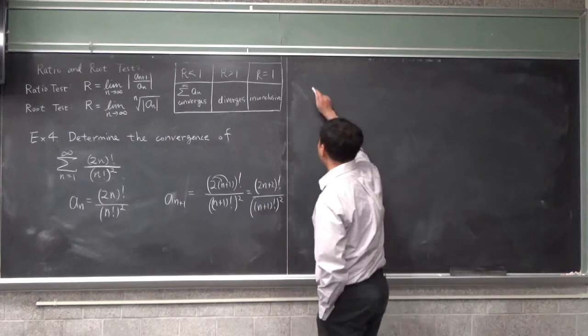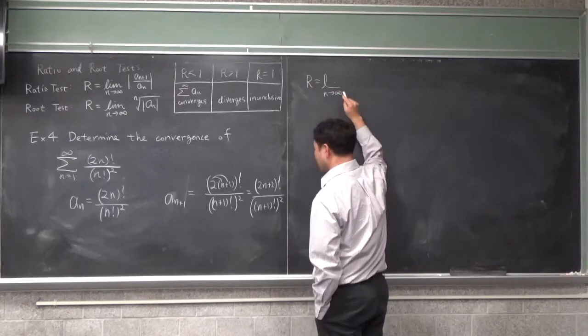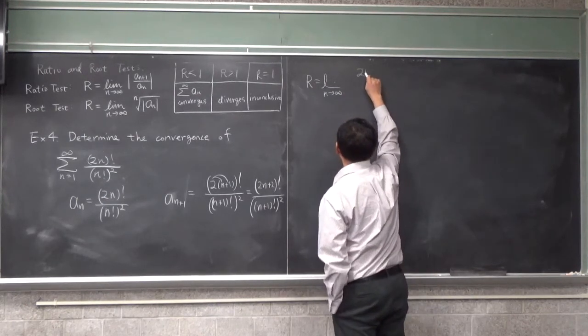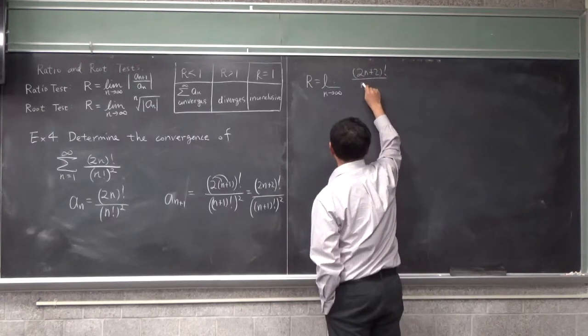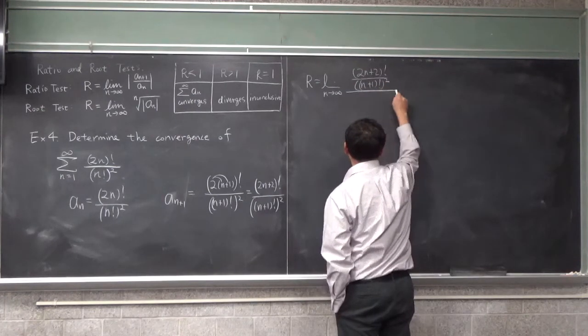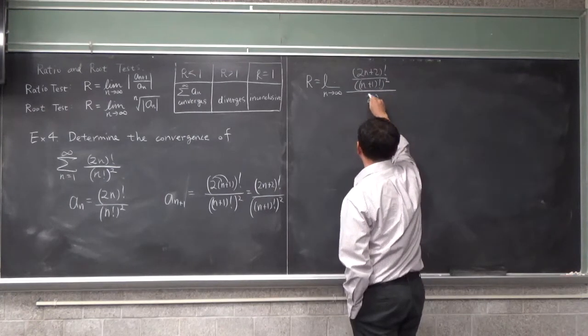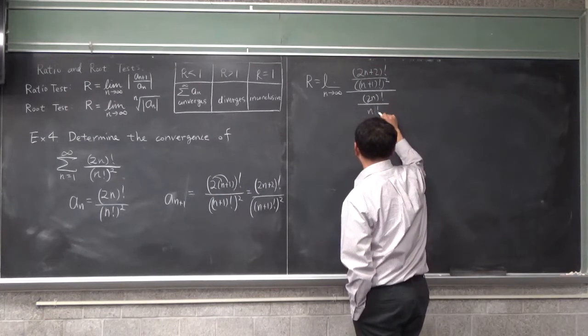Now we take the ratio test. R is the limit as n goes to infinity of 2n plus 2 factorial divided by n plus 1 factorial squared, divided by 2n factorial over n factorial squared.